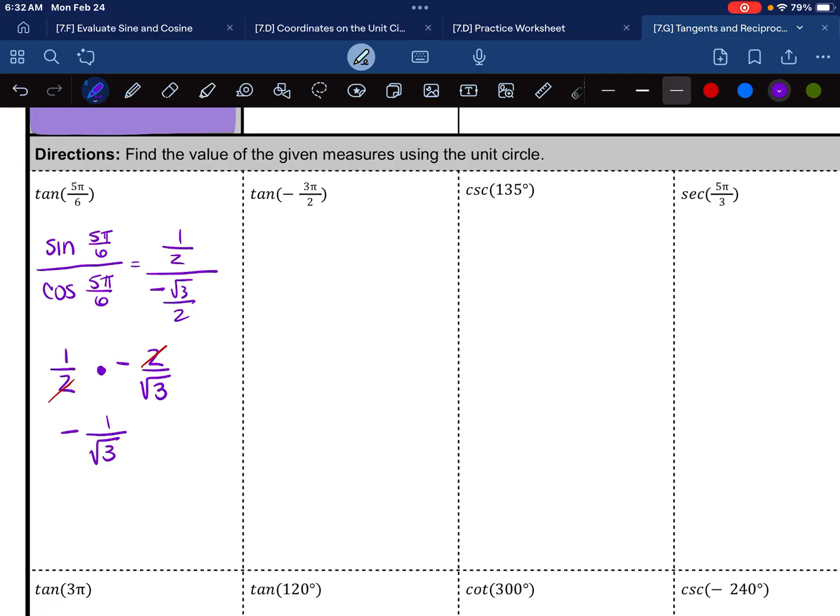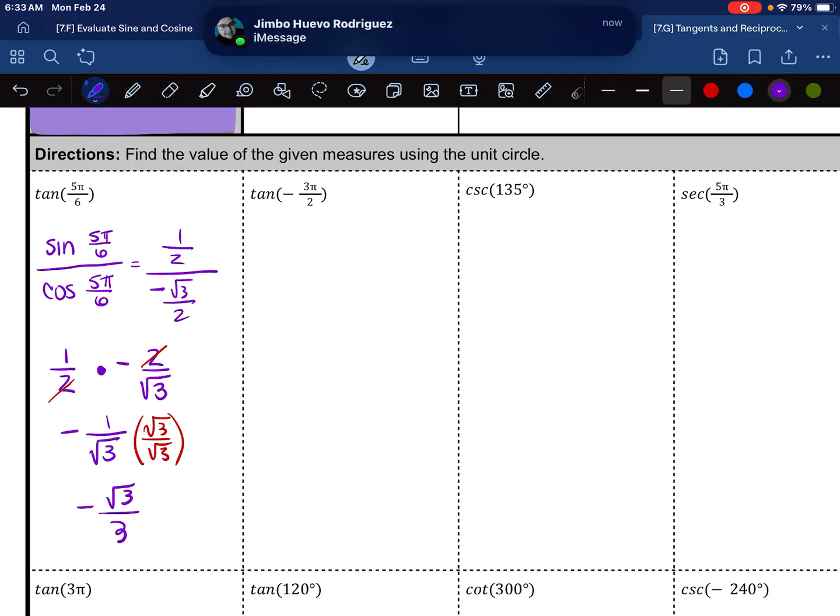But remember, we don't like a radical in the denominator of our fraction, so you have to rationalize it, which is where I multiply by root 3 over root 3. So when I do that, let's get rid of that equal sign. Oh, I don't like how I did that. There we go. So when I do that, I get negative root 3 over 3.